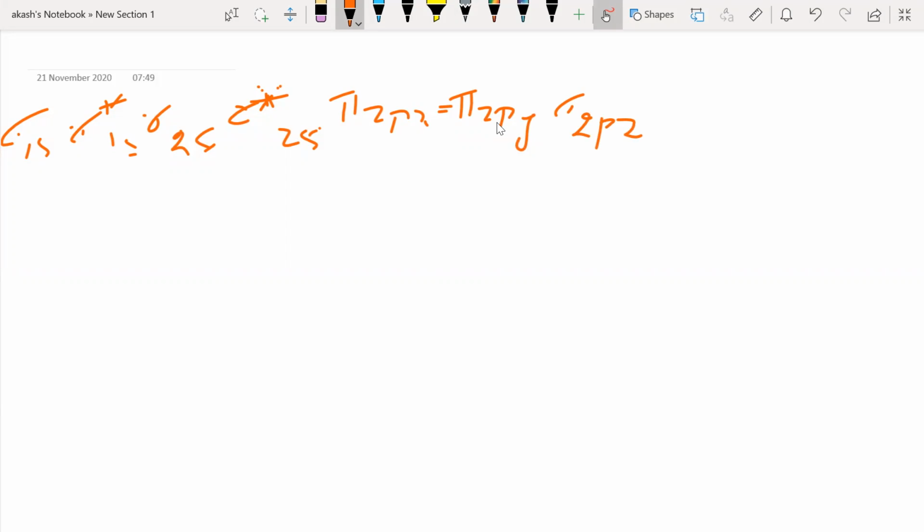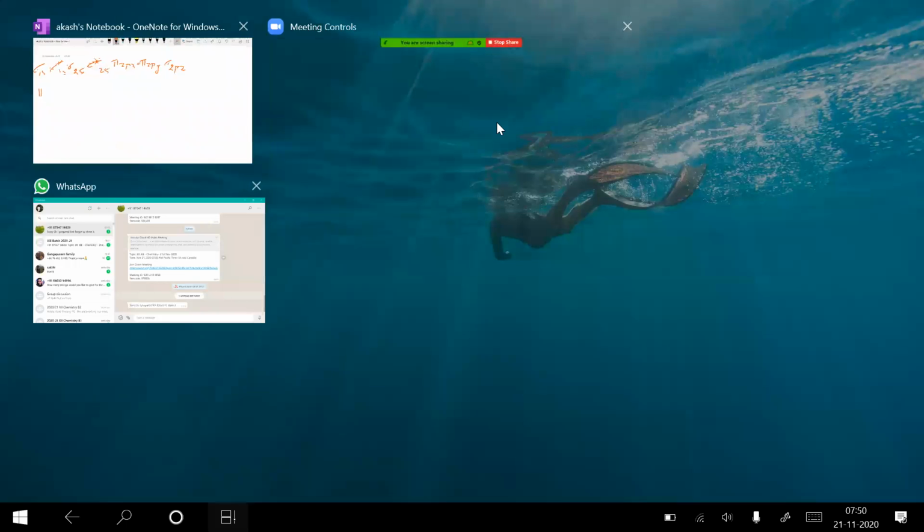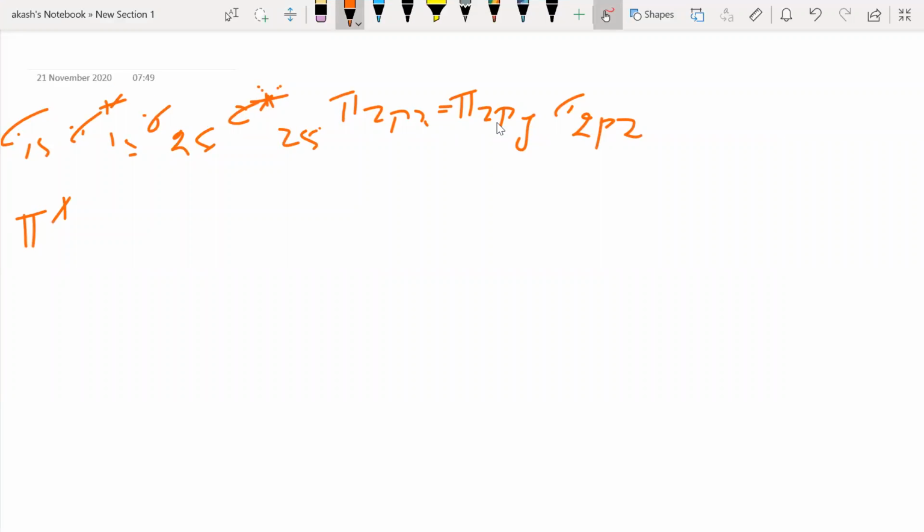Then you have pi star 2px equal to pi star 2py, and last I have sigma star 2pz.